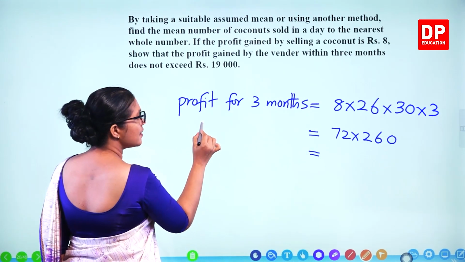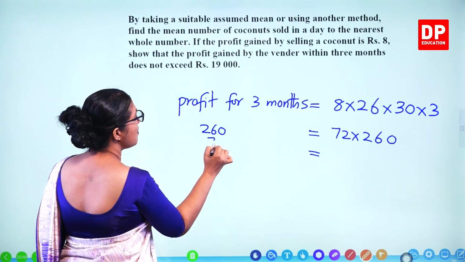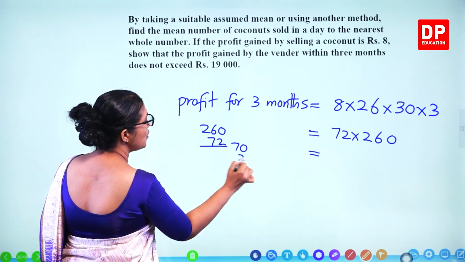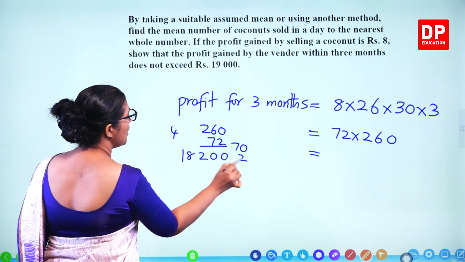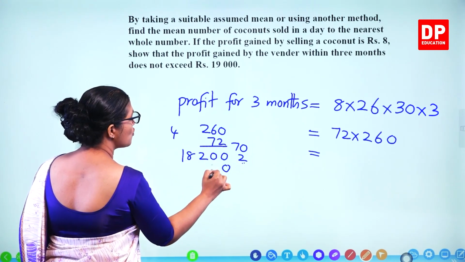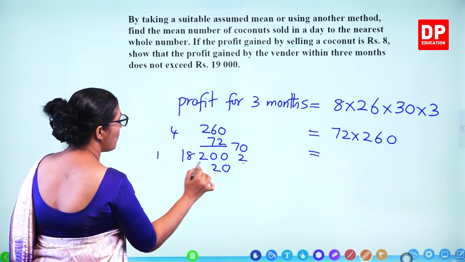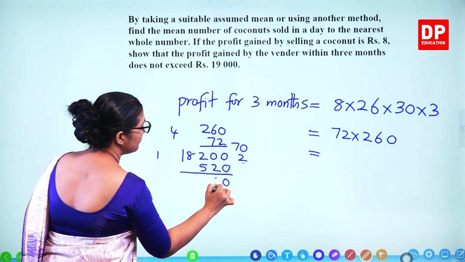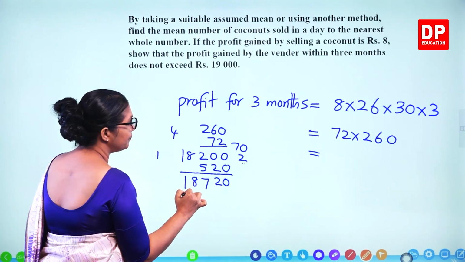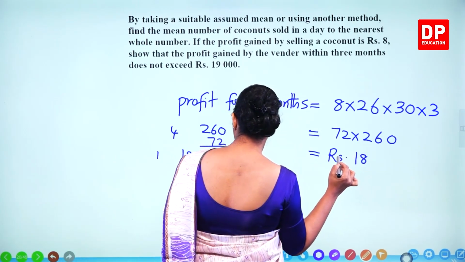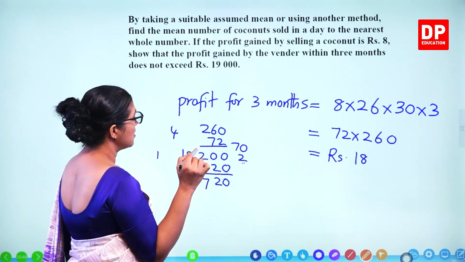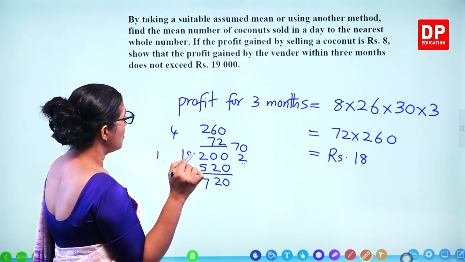We'll multiply this. 260 multiplied by 72. 70 and 2. 2 times 0, 0. 2 times 6, 12. 2 times 2, 4 plus 1, 5. 18,720.